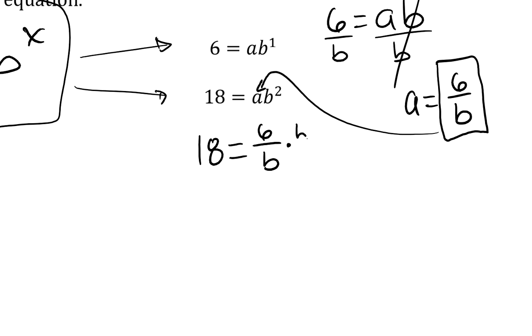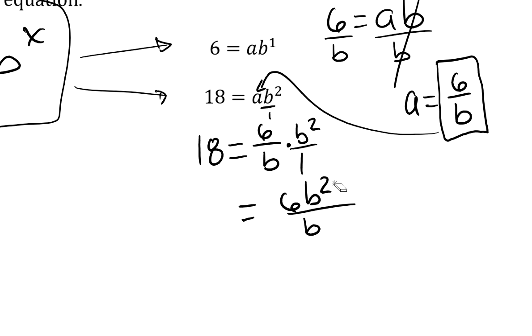and then we're going to multiply that by b squared over 1. I'm just expressing the fact that b squared is b squared over 1. So if I do a bit of simplification with the right hand side, I've got 6b squared all divided by b. Well, there's a common factor of b in both the numerator and denominator.